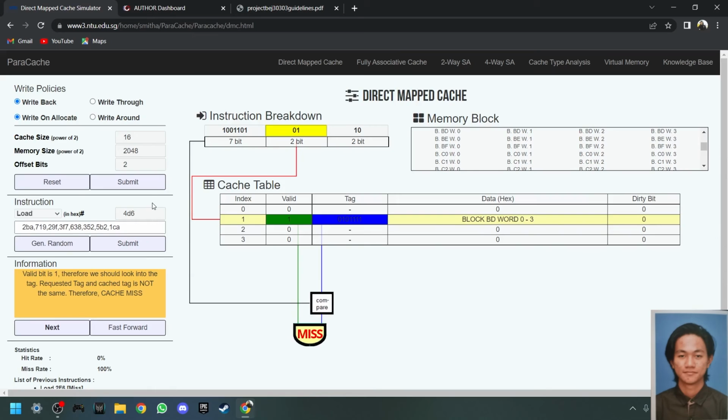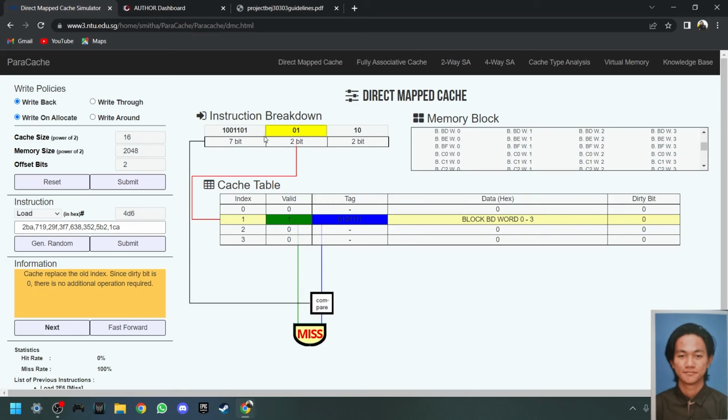For D6 the valid bit is 1, which means there is something there, but the requested tag and the cache tag are different. The tag is different, 100, 1101 with 010, 1111. Therefore it is a miss because it's different.